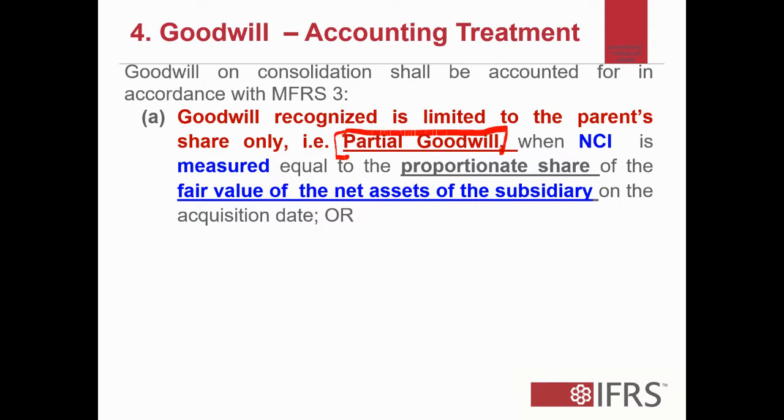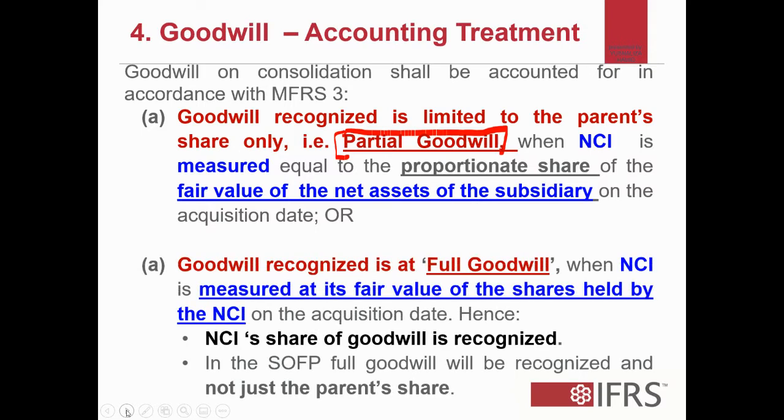If you recognize this as a partial goodwill, this is because the non-controlling interest is measured at the proportionate share of the fair value of the net asset. The calculation will give rise to partial goodwill because under different methods, you will have a different amount.